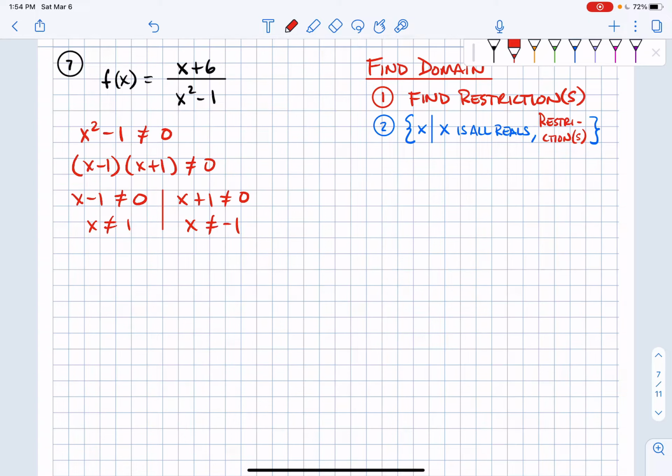All right. So with that being said, my domain would be for all x such that x is all real and x cannot be negative 1 and x cannot be 1.